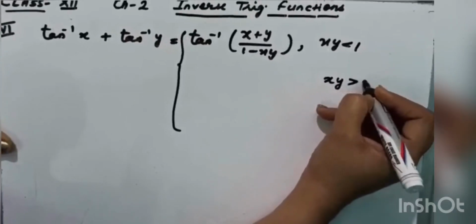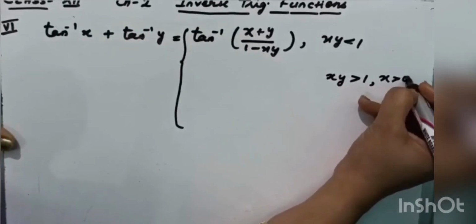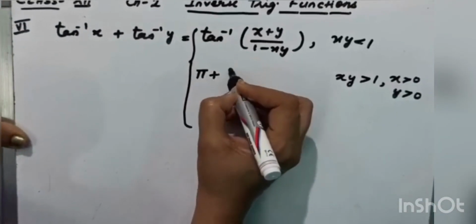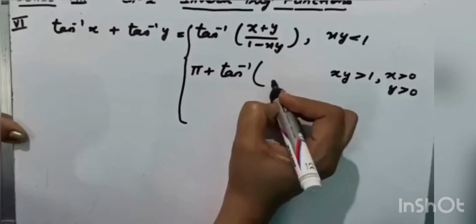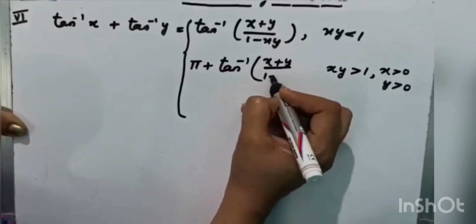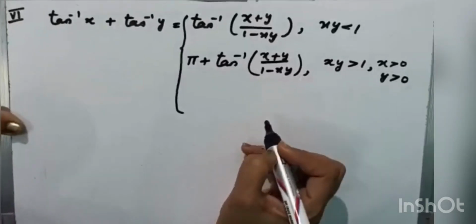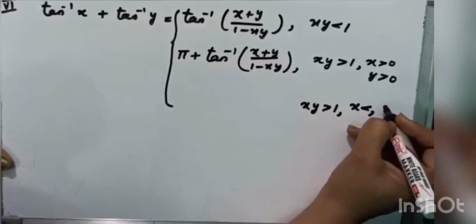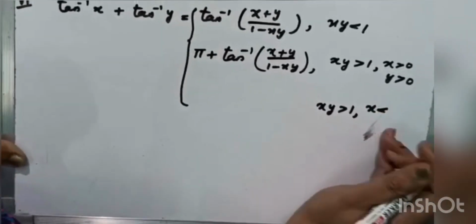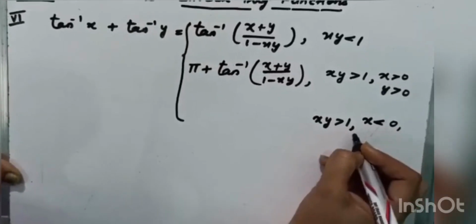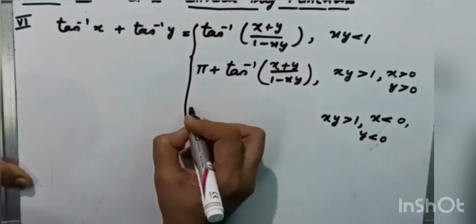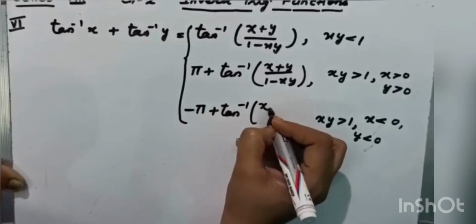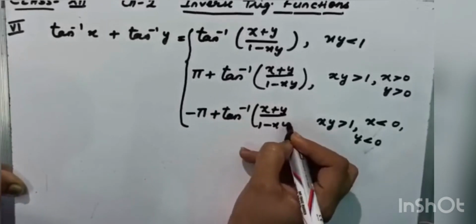When xy is greater than 1 and x is positive, y is also positive, in that case this formula is pi plus tan inverse of x plus y over 1 minus xy. On similar lines, when xy is greater than 1, x negative, y also negative, then this formula is minus pi plus tan inverse of x plus y over 1 minus xy.